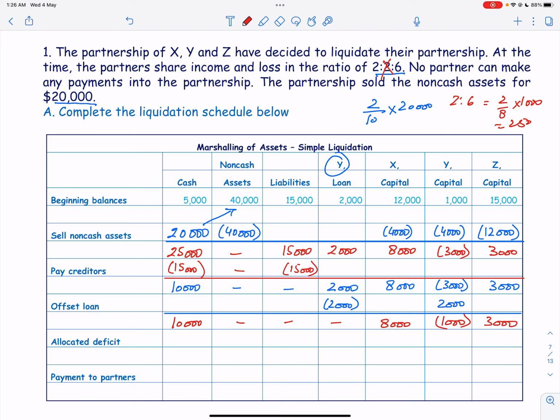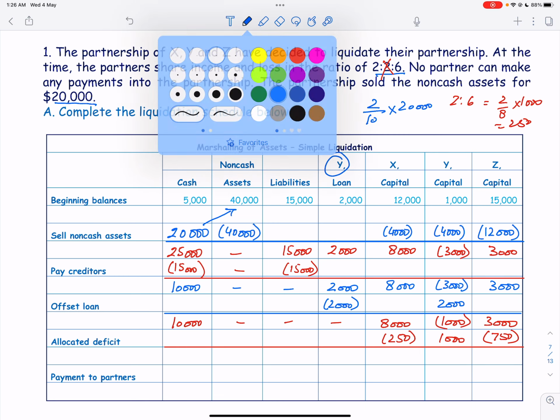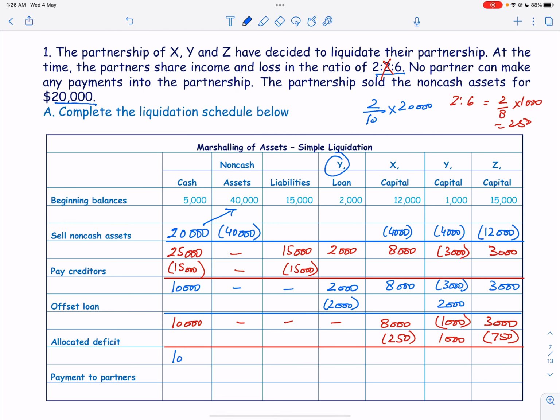So again we make the total, and the total is 10,000, 7,750, and 2,250.